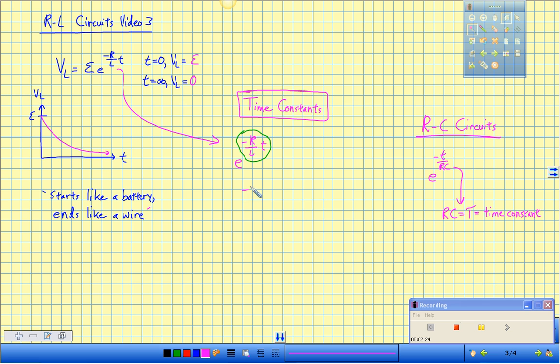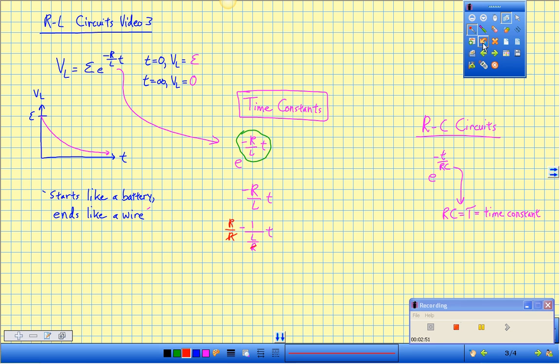Well, negative R over L times time can be rewritten as negative 1 over the fraction L over R, times time. And if you want to check to make sure that makes sense, just multiply the top and bottom of this by R over R, a clever form of 1, your math teacher would call it. And those R's would cancel, and so I'd be left with negative R over L.